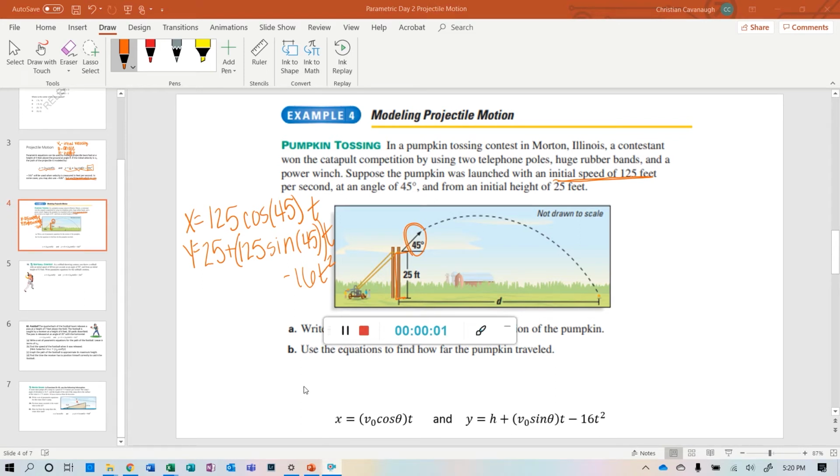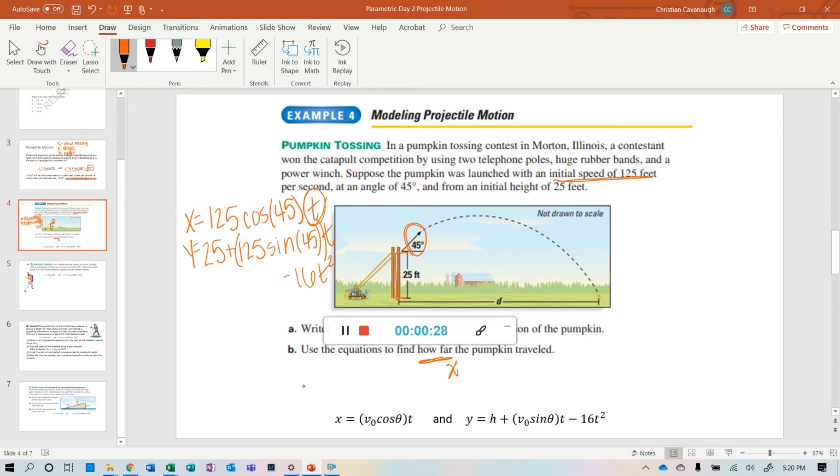Okay, so to find how far the pumpkin traveled, how far means that you want to see the horizontal distance that it traveled. So that is going to be using the x equation. But we can't start with just the x equation, because to know the horizontal distance that the pumpkin traveled, first we need to know how long the pumpkin was in the air, because that's going to give us our t in the x equation.